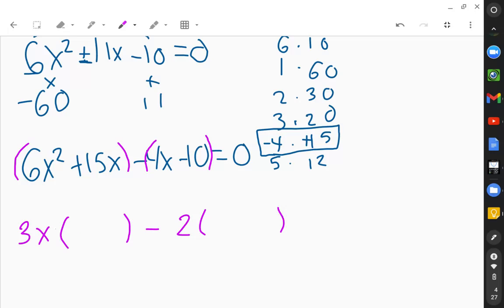So for 3x, I need to figure out what, if I'm multiplying with 3x, gives me 6x squared. I know 3 times 2 gives me 6, and x times x gives me x squared. And what would I have to multiply with 3x to get 15x? Well, that would just be multiplying it by 5.